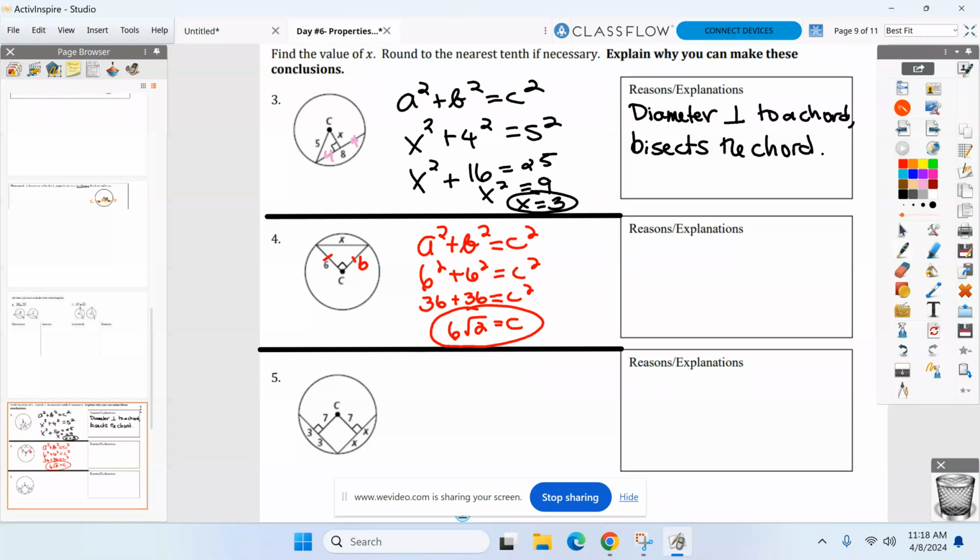What did we just use there? Why did we put 6 there? What circle fact allowed us to put 6 there? Make sure you say it correctly. Why did we throw a 6 up there? In life, all radii are not congruent.